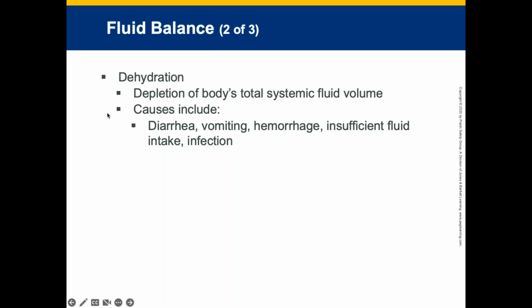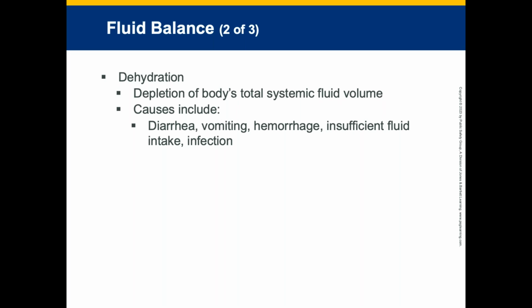So now we have dehydration. So depletion of the body's total systemic fluid volume. It's more common in older adults and young children. It could take days to manifest. May be the result of a medical condition causing that.